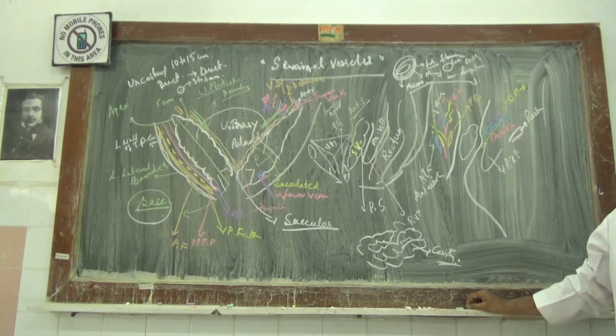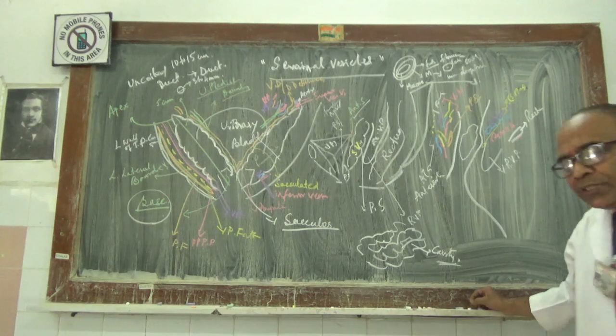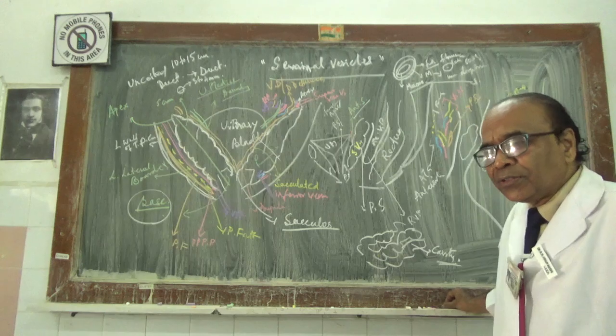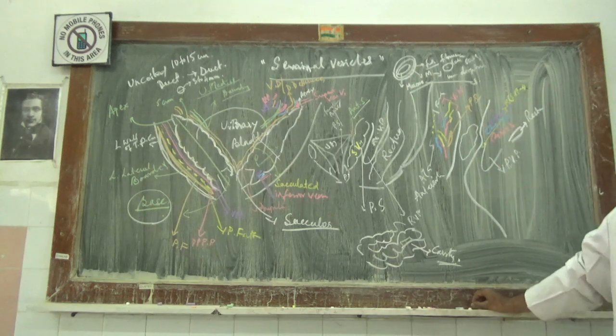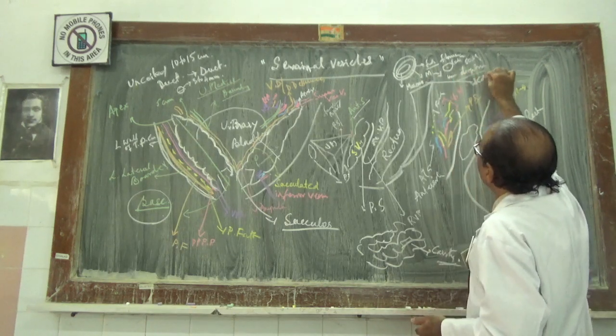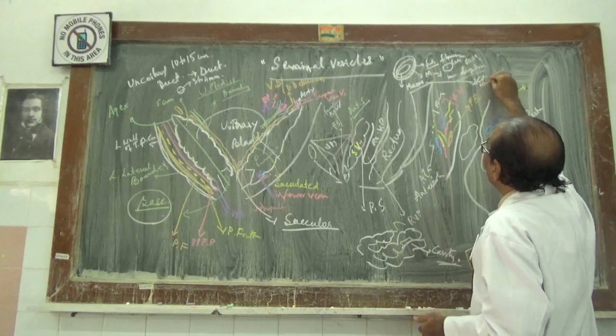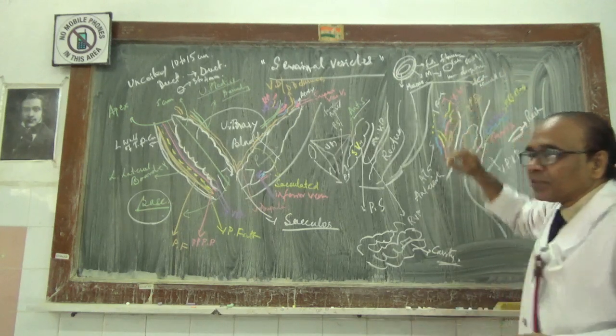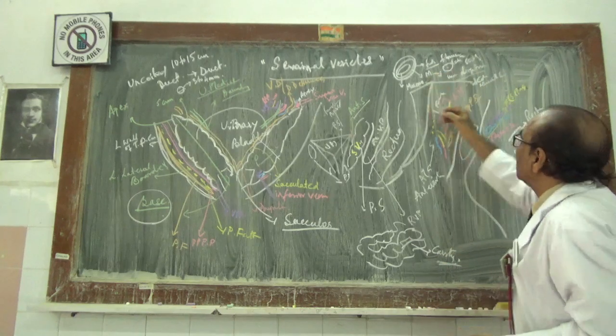Along with that, it also produces a sticky substance, mucus, mucoid, and it facilitates some enzyme production, that is called vesiculase enzyme. So this will be the columnar mucoidal cells. So this is the histology.